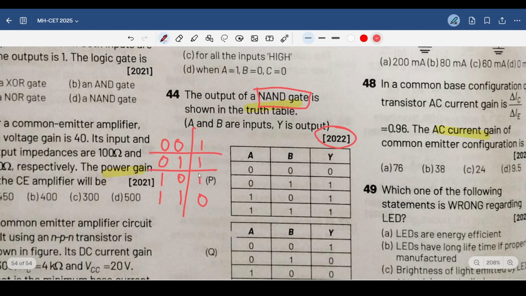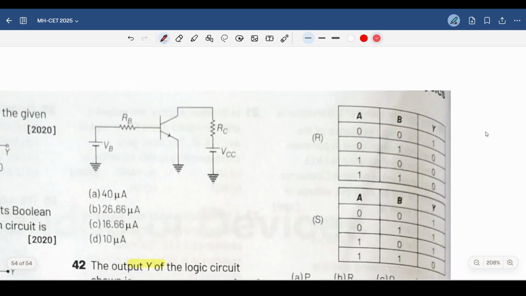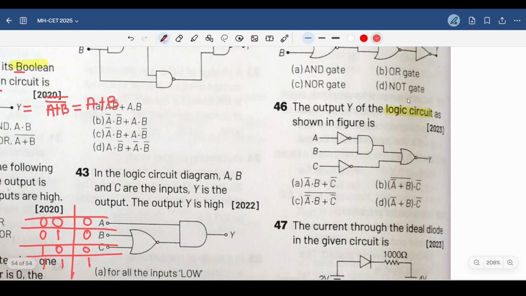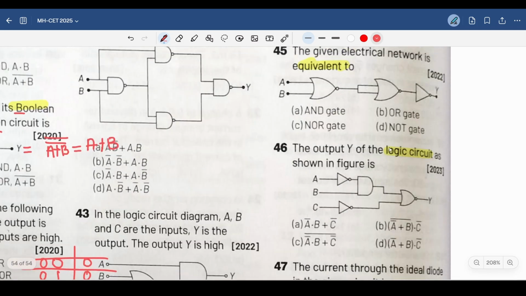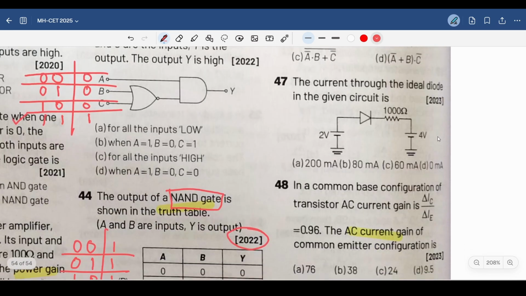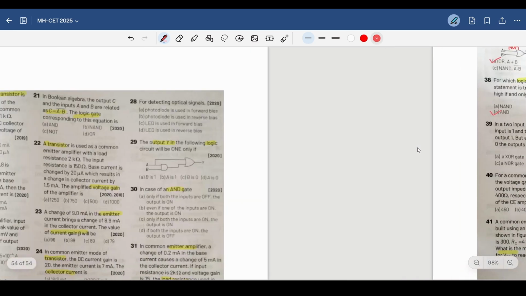So this will be the truth table for the NAND gate. Let's find 1 1 1 0. Yes, so the option is option S. Option S is the answer. Did you get it?